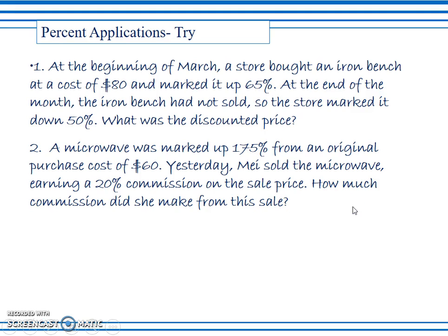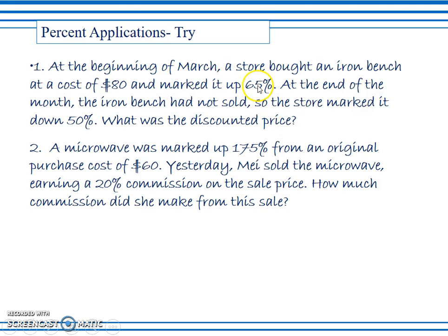Okay, here are two problems for you to try on your own. The first one says, at the beginning of March, a store bought an iron bench at a cost of $80 and marked it up 65%. At the end of the month, the iron bench had not sold, so the store marked it down 50%. What is the discounted price?